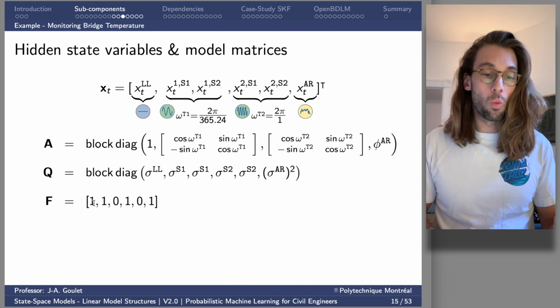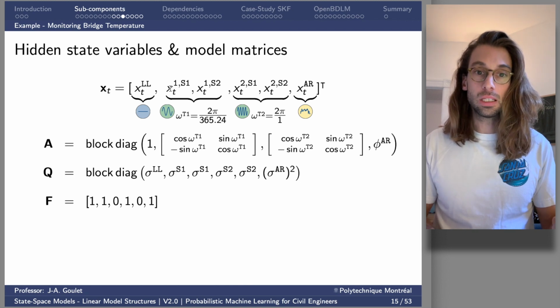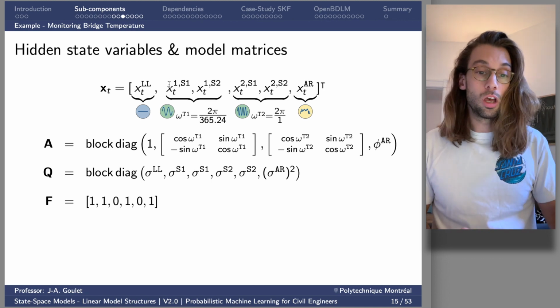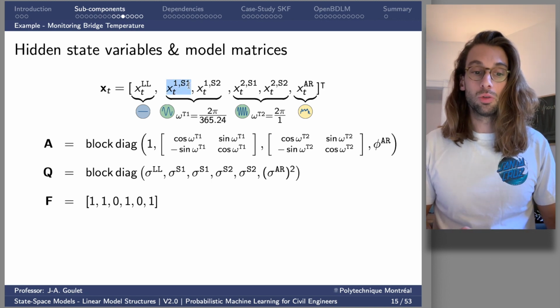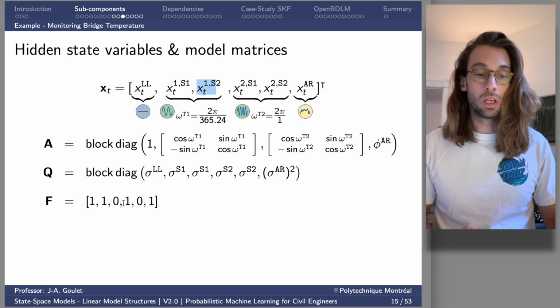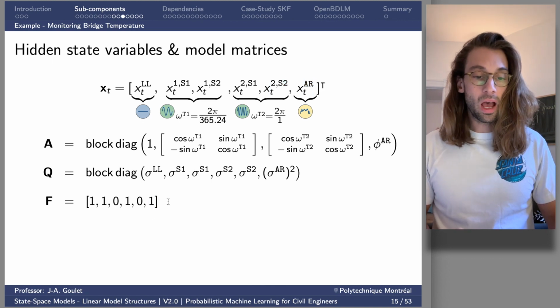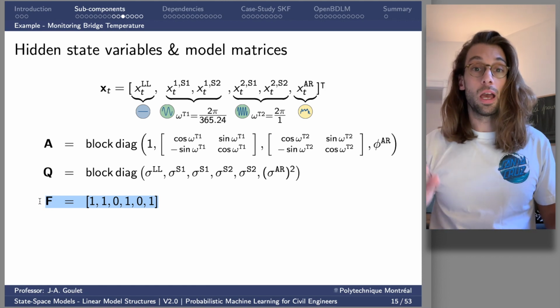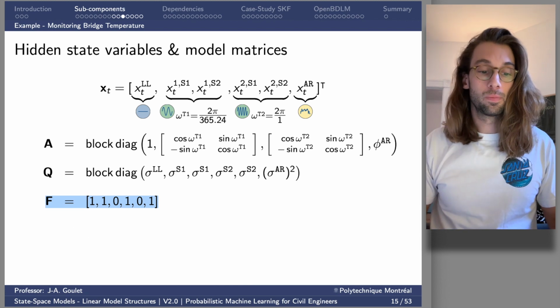So in this case, 1, 1 indicates the 2 first hidden states are going to contribute to my observation Y. So the local level contributes, the amplitude of my first periodic contributes, the third one is 0, so this one won't contribute to my observation. The fourth one will, the amplitude of my second periodic component, the fifth one won't. And the last one, my autoregressive, does contribute, okay? So my F matrix here is there to indicate which hidden states contribute to my observation, which ones do not.